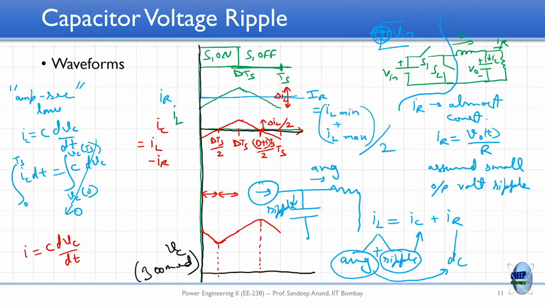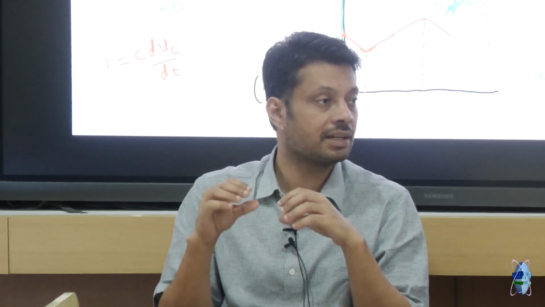Right? Why are we drawing this waveform? Anyone? In syllabus, you have to do it. Yeah. Moreover, we are drawing it because we want to find the expression for the capacitor ripple. The same way we did the inductor ripple, right?